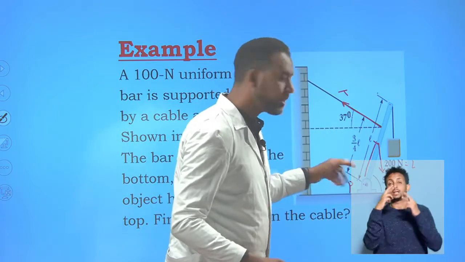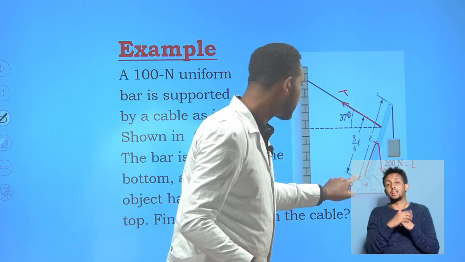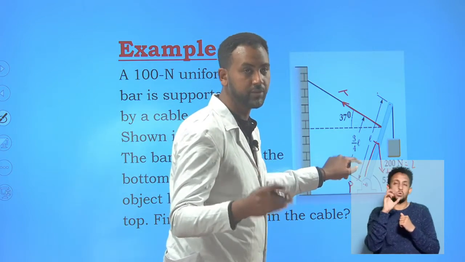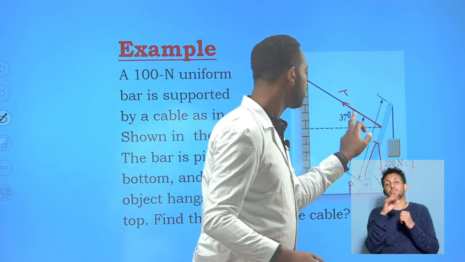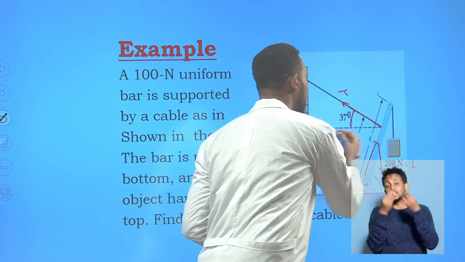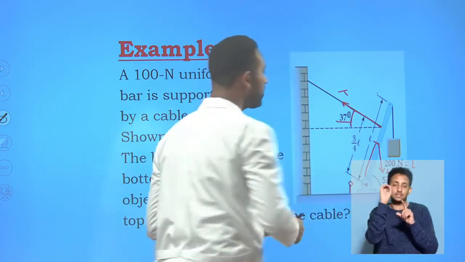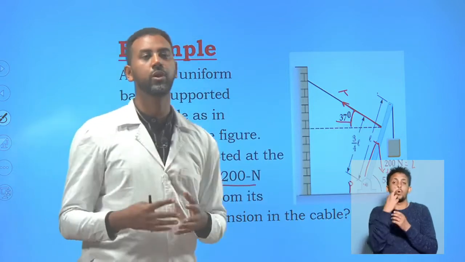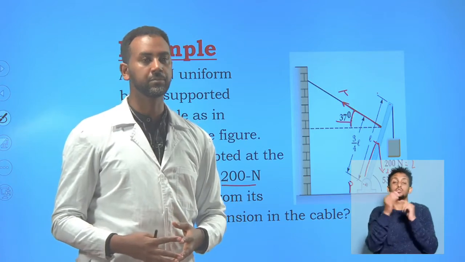The cable is found at exactly 3/4 of the length L, almost 0.75 meter from the pivot. The angle theta is given from horizontal, it is 37 degrees.